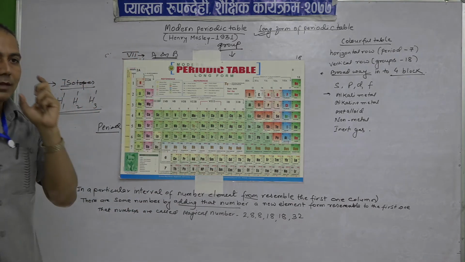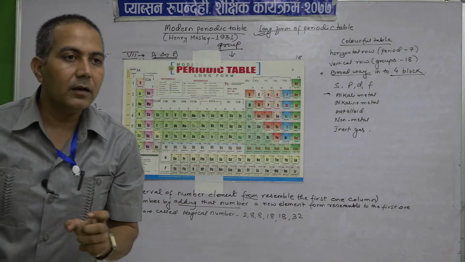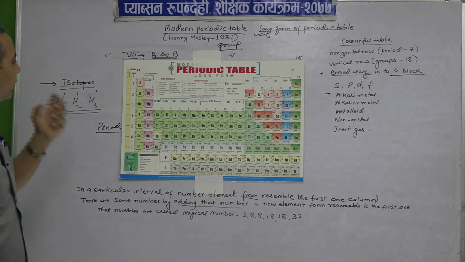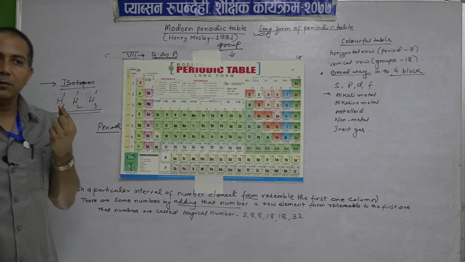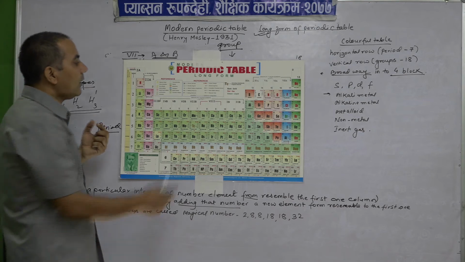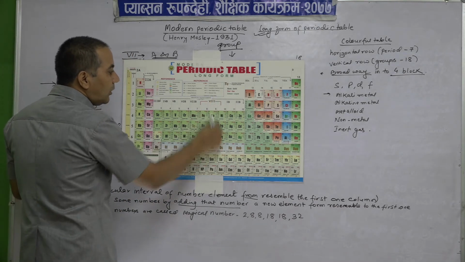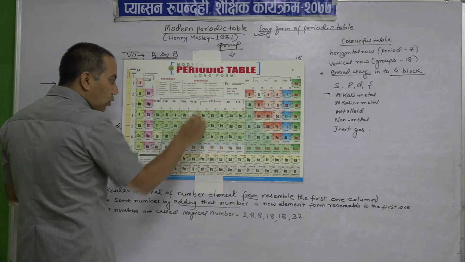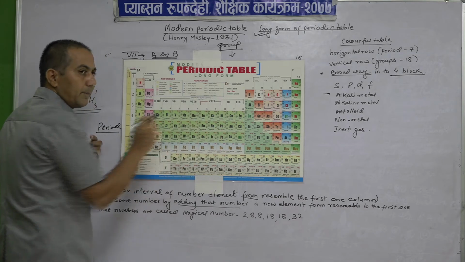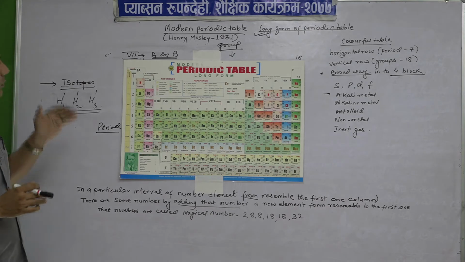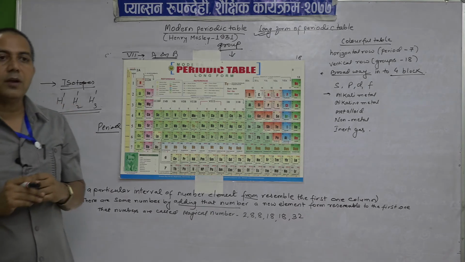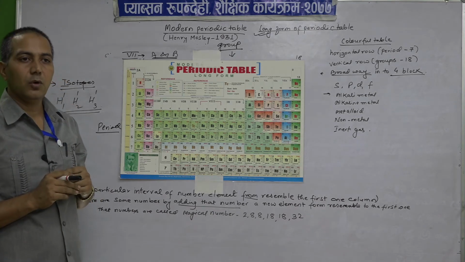So the 7 groups are subdivided into A and B. And group 8 has 3 vertical columns, 1, 2 and 3. So in total we have 18 different columns which are known as groups.